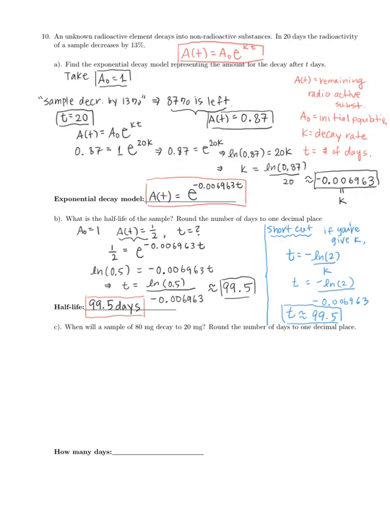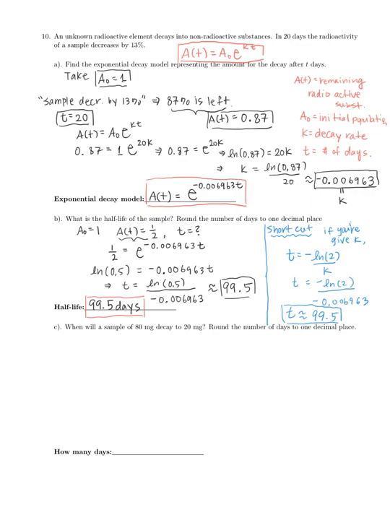Alright, so now let's go with part C. When will a sample of 80 milligrams decay to 20 milligrams? Round the number of days to one decimal place. Alright, so here, can you tell what you're given? When will a sample of 80 milligrams decay?